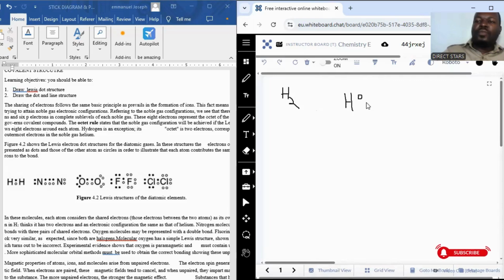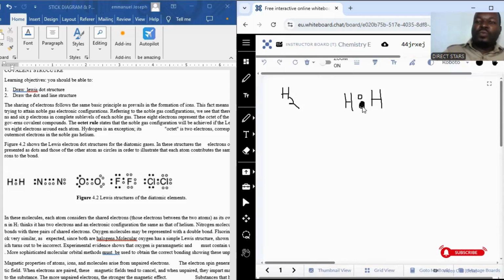And for the first energy level, the maximum number of electrons is 2. So for us to complete that shell, we need another atom that also has one outer electron, which is another hydrogen atom, to give us 2, making the first energy level completely paired.